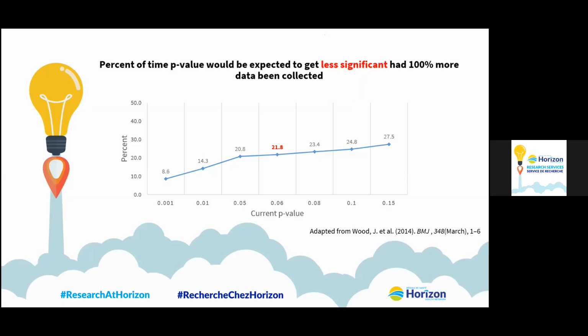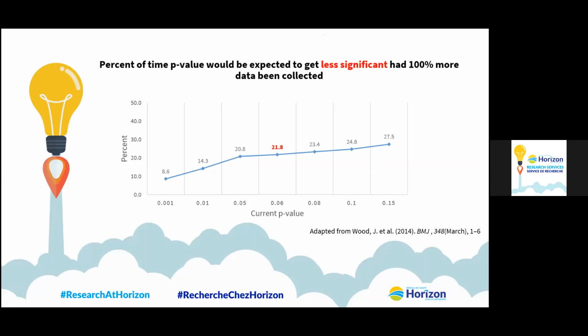What this graph is showing here is on the x-axis, we've got current p-values. So when you only had the original 100 participants in your study, you ran your statistical analysis and you got a p-value. That's what the x-axis is showing. And on the y-axis, we're seeing the percent of times that our p-value would become less significant, so moving away from 0.05 and becoming larger.